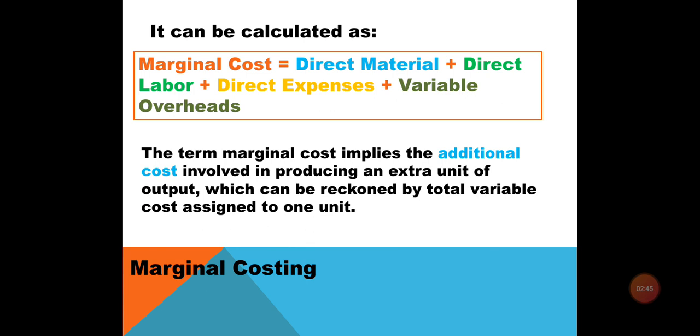Here, students, one can take an example for this marginal cost. If we are producing 10 units of output and for that we are paying 100 rupees as total marginal cost at present, and further we decide to produce one more unit. So now we are producing 11 units of the same production, and for that we are now paying 110 rupees.